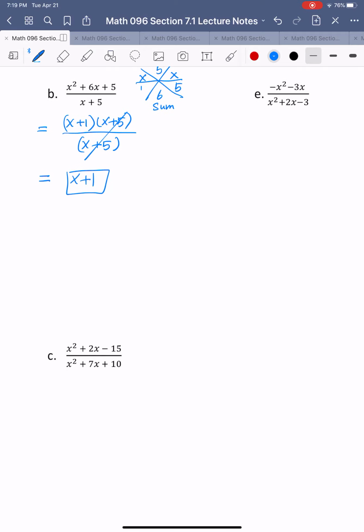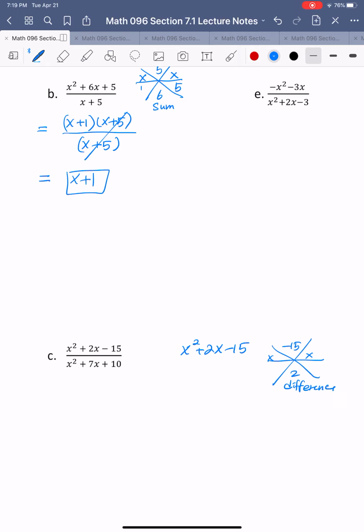And part c, you can also factor individually, okay? So x squared plus 2x minus 15, you can use the x factor with negative 15 and 2, and then you get x and x. 2 is a difference.